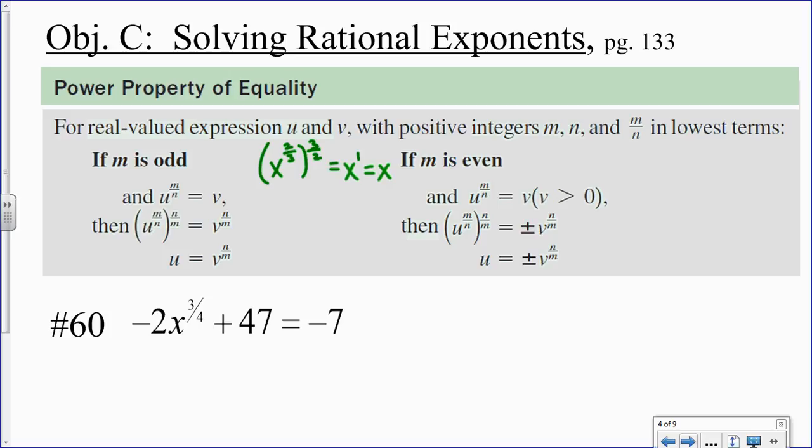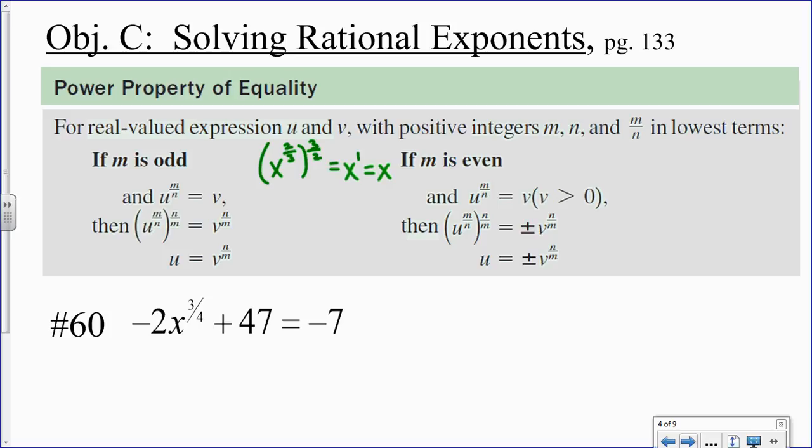Okay, well, if the root of what you take to both sides, so you exponentiate both sides, if the root is odd, then you have just one answer. It's whatever the sign is that you take into that power. But if the root, so the reciprocal, is even, then you have to have plus or minus.